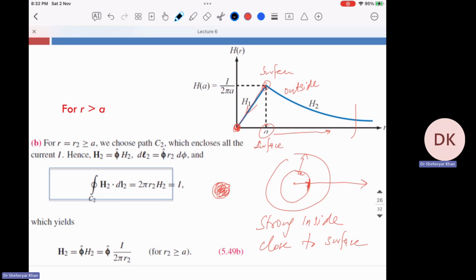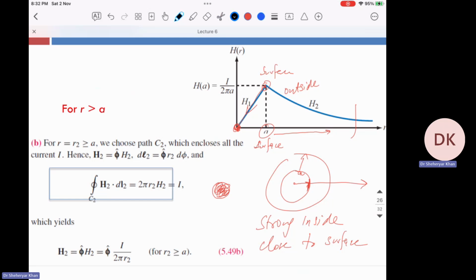Now, if we plot these two results, we get this type of diagram. That means if you increase the radius, the H field is zero at the very starting point when the radius is zero.